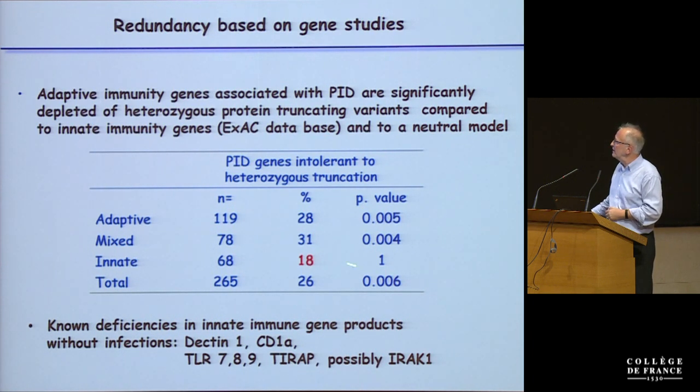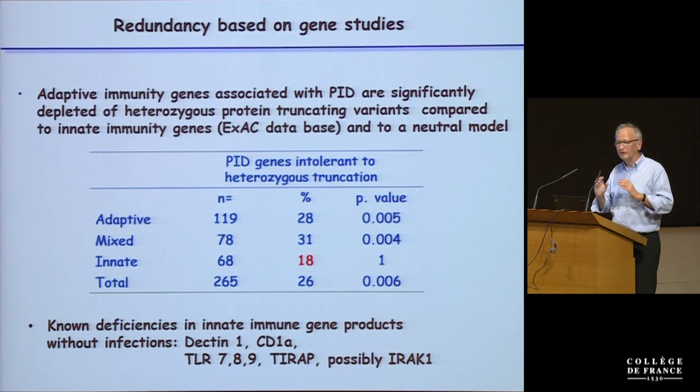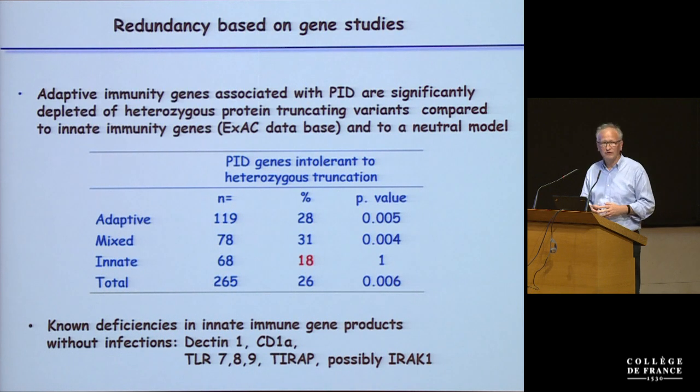This is shown here, where the frequency of genes intolerant to heterozygous truncation is only 18% for innate immunity, whereas it's 28% for adaptive, and this is quite significant. So the data suggesting redundancy do not come all from the study of patients with primary immunodeficiencies.